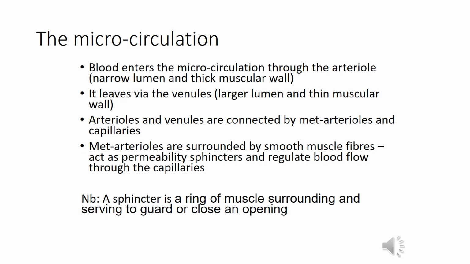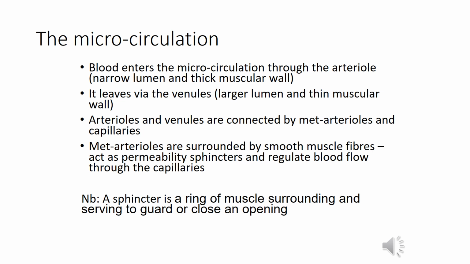Usually, under normal circumstances, blood will enter the microcirculation via the arterioles. Because the arteriole is the tail end of the artery, it has the nature of arteries, which is usually a comparatively narrow lumen and a thick muscular wall. And then it will usually leave via the venules, which is the beginning of the veins.